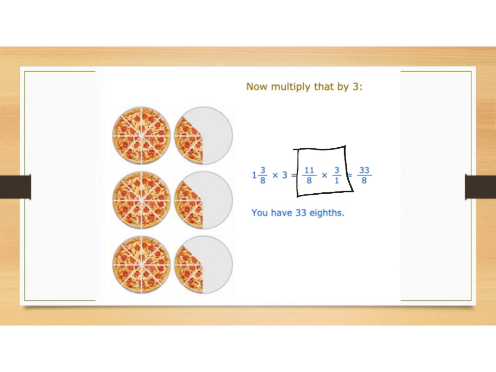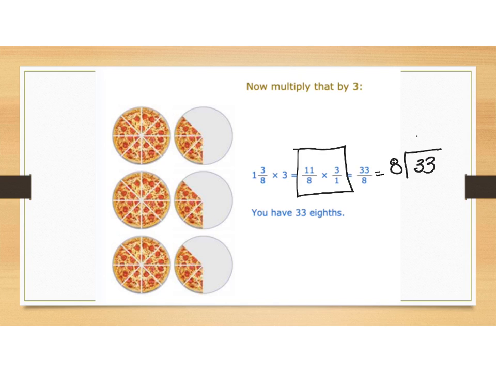Now, to turn this into a mixed number, you are going to take 33 and divide it by 8. A fraction and a division problem mean the exact same thing. 33 divided by 8 or 33/8 is a division problem. So now you're going to practice your long division. How many groups of 8 can go into 33?